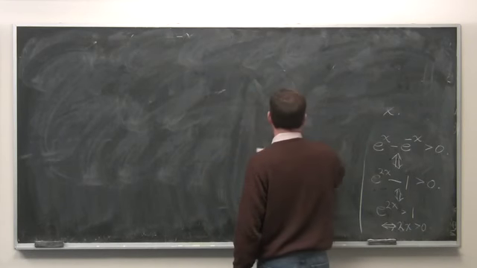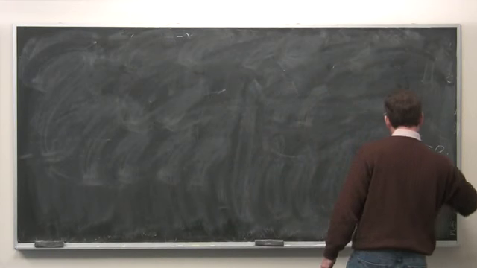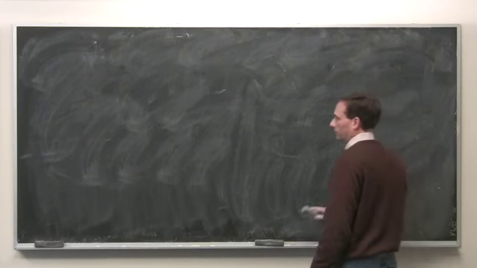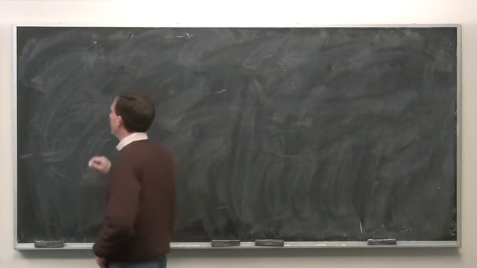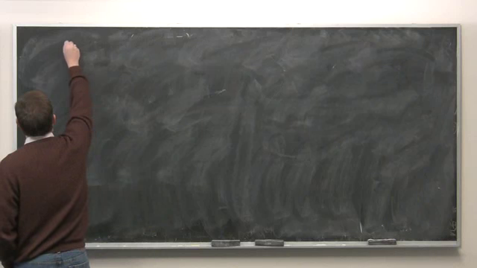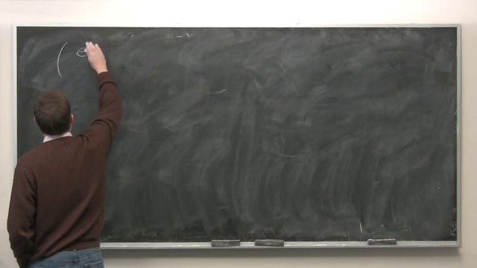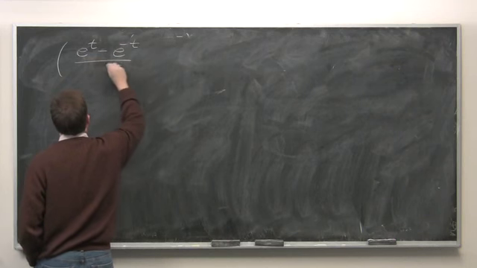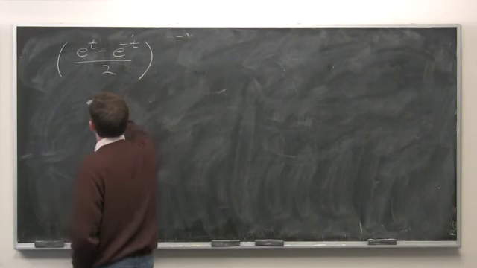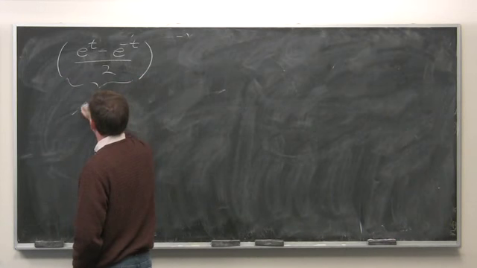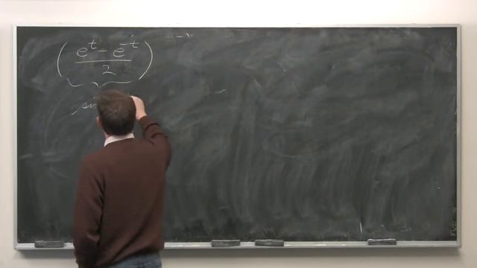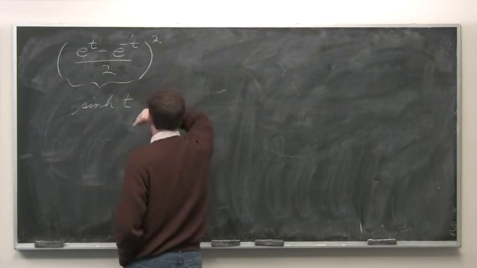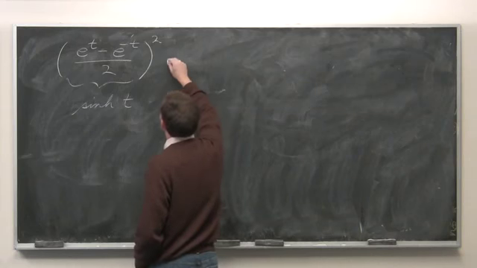Like sine squared plus cosine squared equals 1 is the fundamental circular trig identity. If you take hyperbolic sine, here's hyperbolic sine of t, and you square it, let's look at what you get.